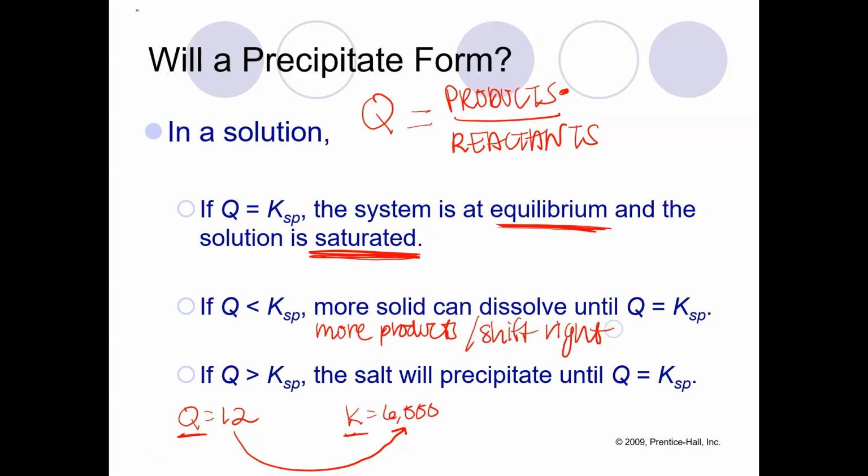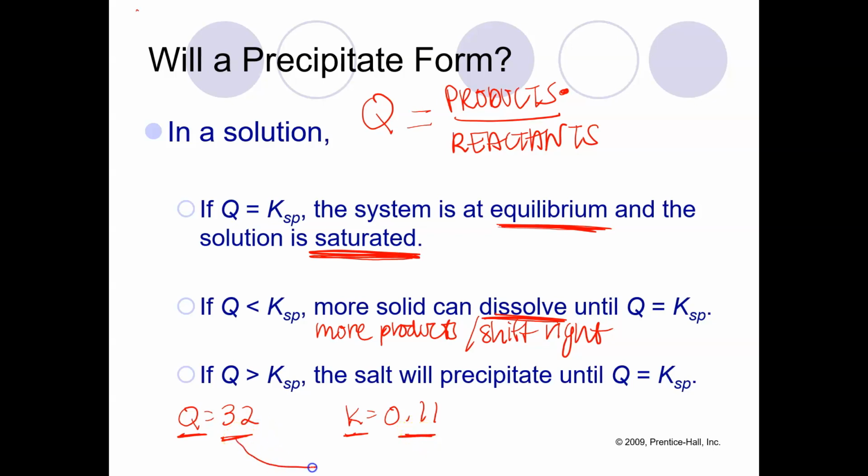Well, if we're thinking about how that applies in this specific situation with solubility product, products are the things that are dissolved. So making more products or shifting right is the same thing as making the solid dissolve, making more aqueous things. In the opposite situation, if I have a Q value that is large, like 32, and my K value is 0.11, so Q is what's happening right now, K is what's happening at equilibrium, we can very clearly say that right now is not at equilibrium.